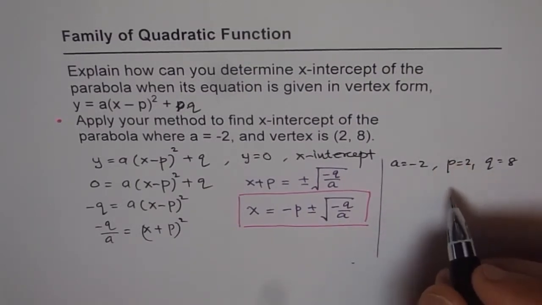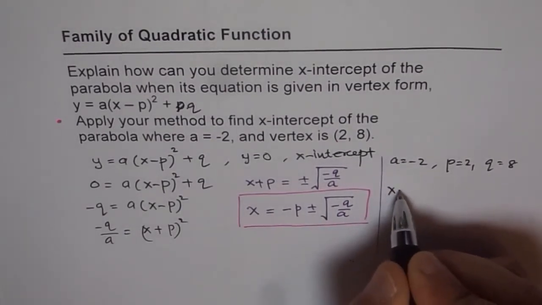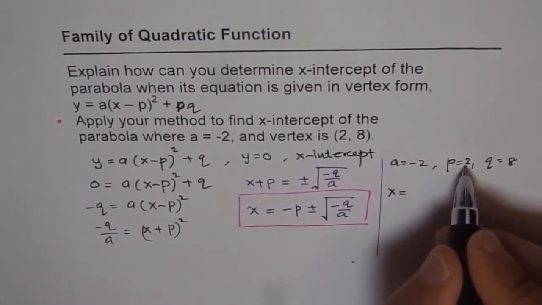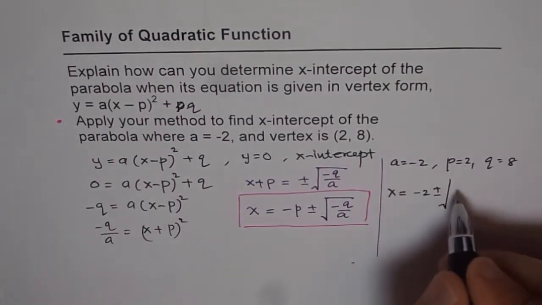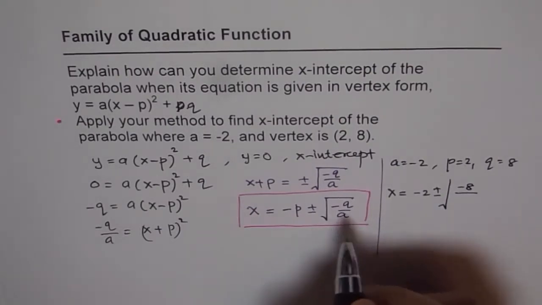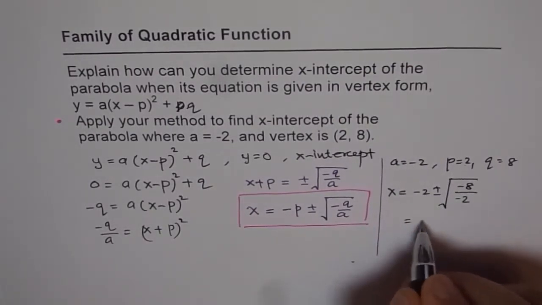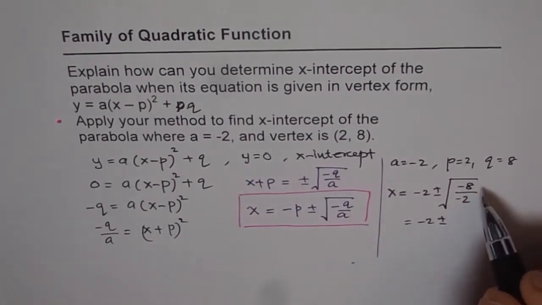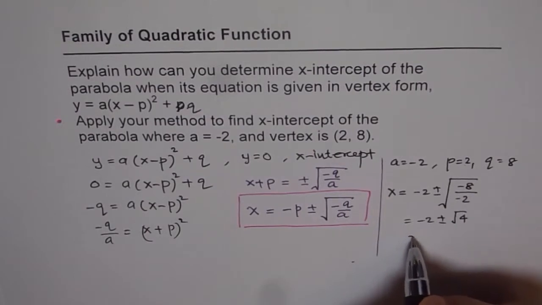So a is minus 2. Let's substitute. So x equals p, that is 2, plus or minus the square root of minus q, minus 8, divided by a, which is minus 2. So we get 4 under the square root. That gives us 2 plus or minus the square root of 4, and the square root of 4 is 2, so 2 plus or minus 2.